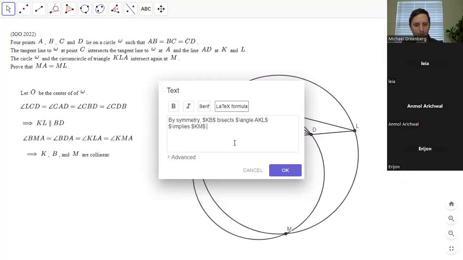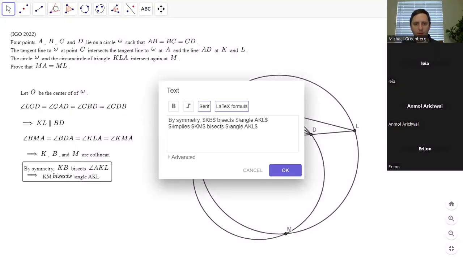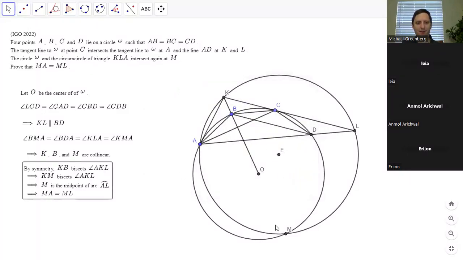So that means KM bisects angle AKL, and that means M is the midpoint of arc AL. And that implies MA equals ML. All right, that was a fun one, nice and easy.